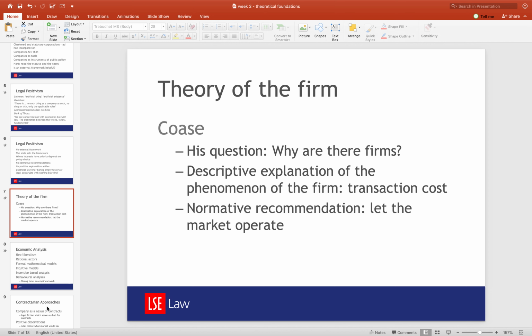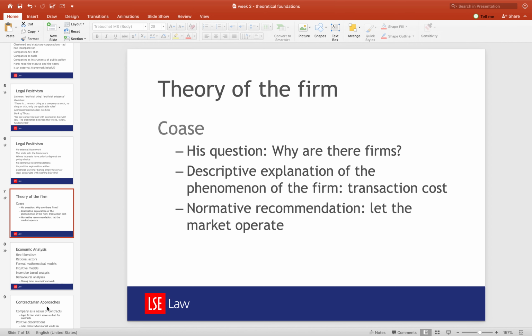And for some activity, that's efficient. Some activities are efficient to carry out through a hierarchical corporate framework. And so that's an explanation as to why we have markets and why we have firms, and why sometimes exchanges are organized ad hoc and other times they're organized in the context of a firm.